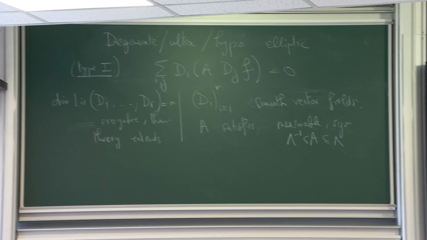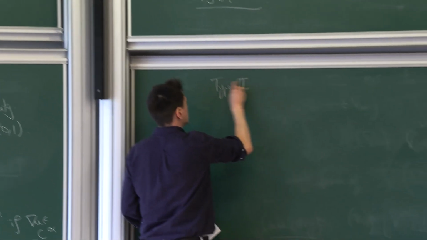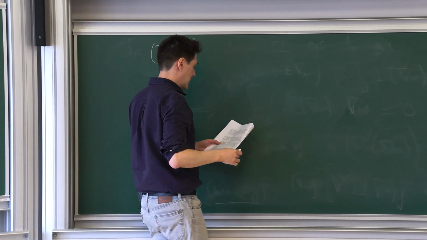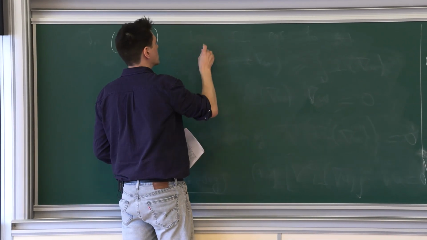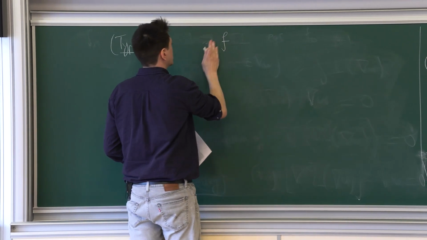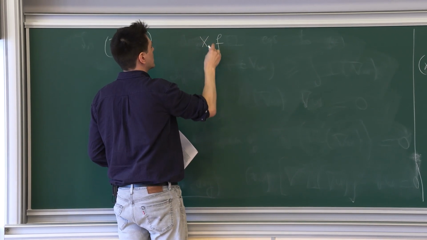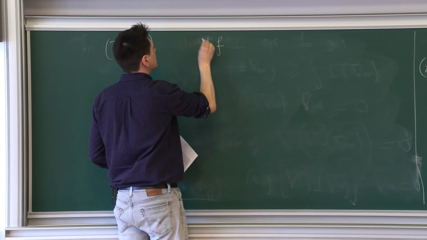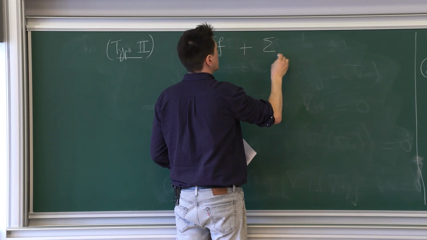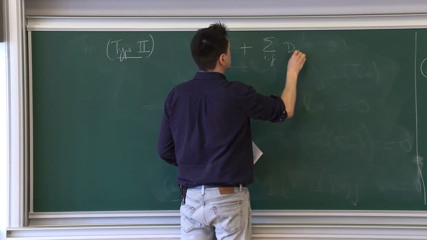But the type 2 is the one that appears a lot in mathematical physics, is something that would look like, well, you'd have some first order operator, let me write it as T, plus the sum I wrote before.